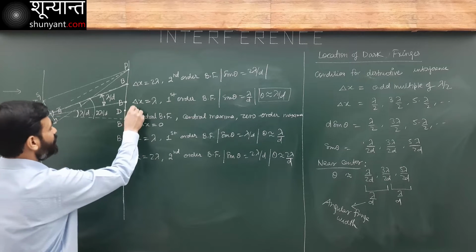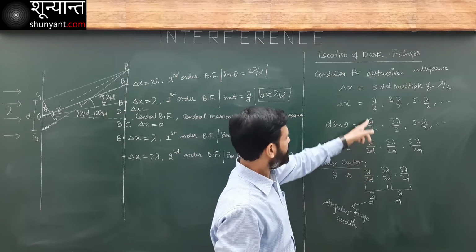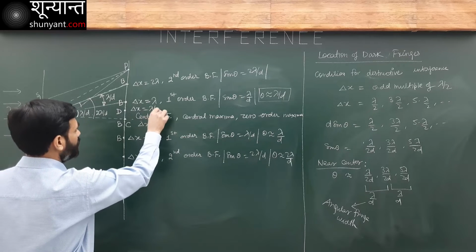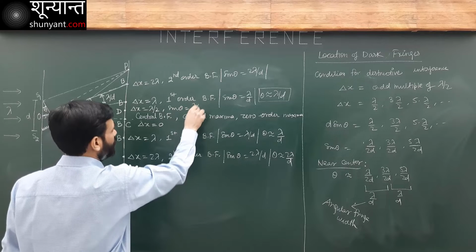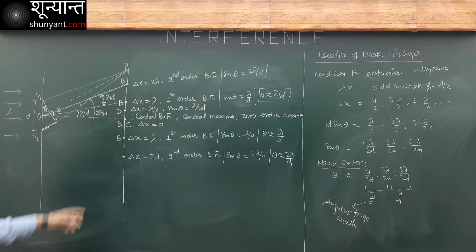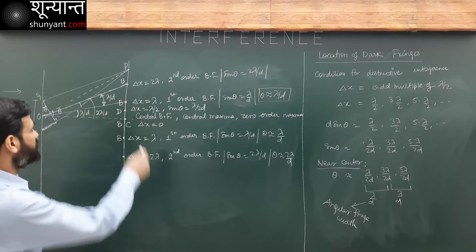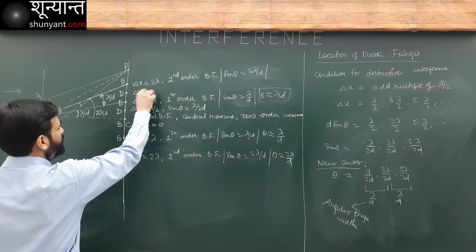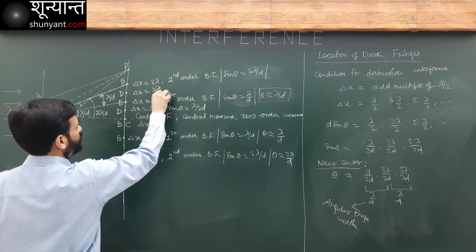What will be the path difference here? This will correspond to a path difference of lambda over 2. What will be sin theta here? Sin theta is lambda over 2d. Between two bright fringes, I get a dark fringe. Here also I will get a dark fringe. Here delta x will be 3 times lambda over 2.